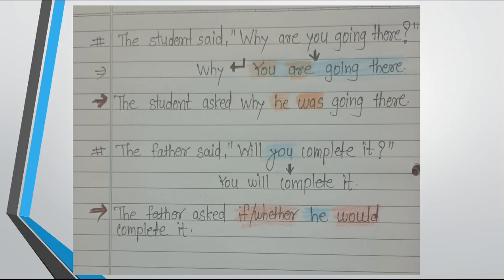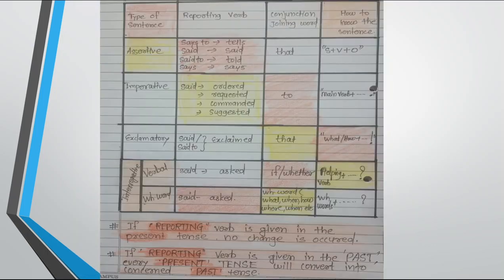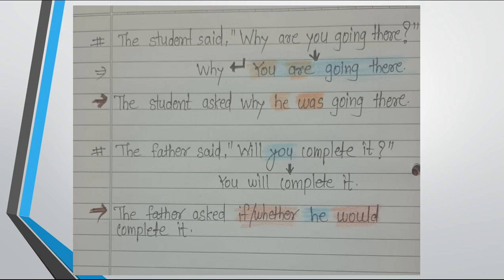Then why, as it is, we can take, because the same WH word is used while joining the sentence. Then you will convert you into he, or you can use she, or they.